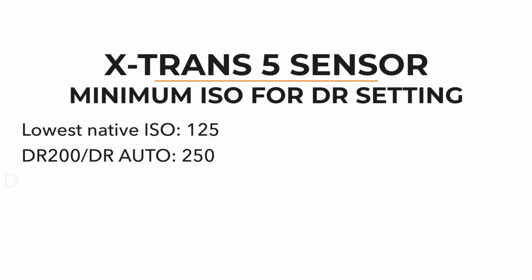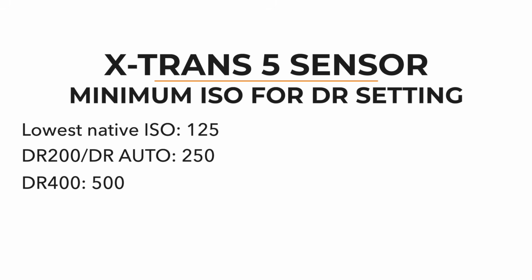But let's assume for this video that you are using the X-Trans 5, the most recent sensor in Fujifilm X cameras, which include the X-T5, the X-E5, the X-T50, the X-100 and the X-H2. In these cameras, the lowest available native ISO is 125.